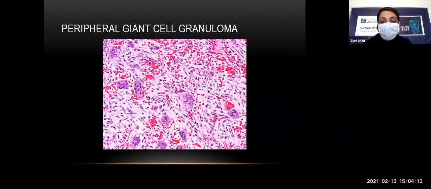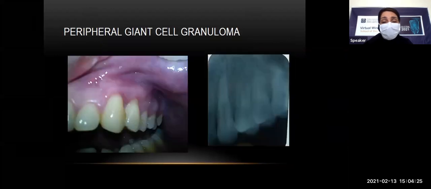After excisional biopsy of the lesion, peripheral giant cell granuloma was confirmed, and you see the proliferation of spindle cells admixed with giant cells in a hemorrhagic background. And in this slide, you see the complete healing of the lesion in clinical and radiographic views about 2 months after the excision.